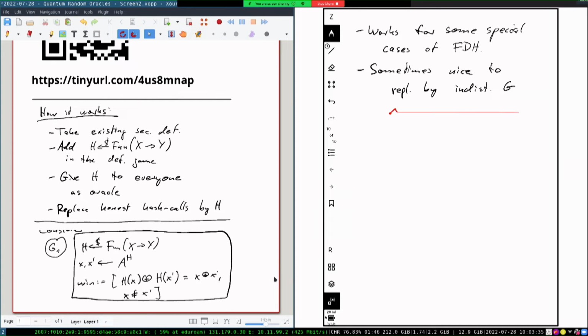And for this, there's a useful technique that shows that if the individual outputs are indistinguishable from random, then the function as an oracle is also indistinguishable, which is a non-trivial result. So I'm not going to go into the details, but I also linked this in the handout in case you happen to need this.